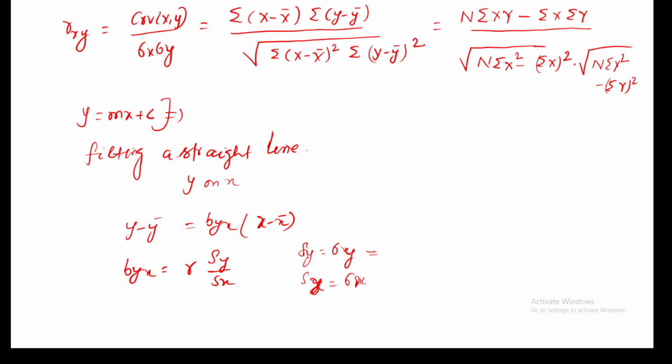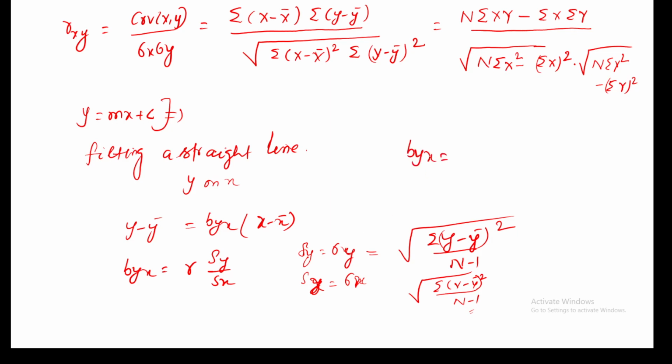If we take the sample, sy will be the root of summation of y minus y bar whole square upon n minus 1, and sx the root of summation of x minus x bar whole square upon n minus 1.